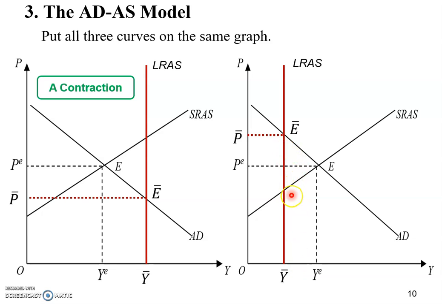However, this time we find that the long run aggregate supply curve lies on the left hand side of the short run, right? That means here on the horizontal axis, the short run output level is higher than the potential GDP. In other words, this graph actually shows an expansion, okay?